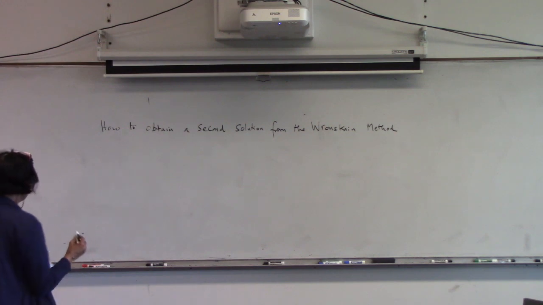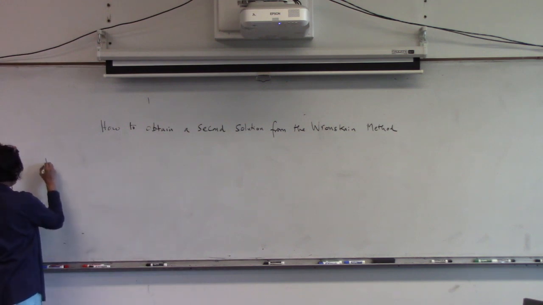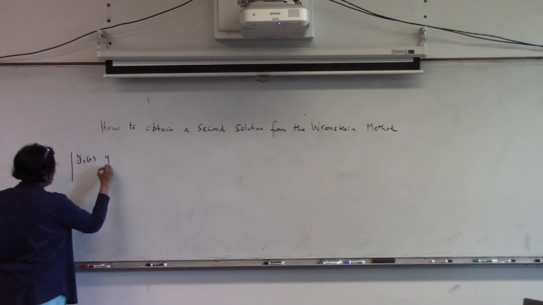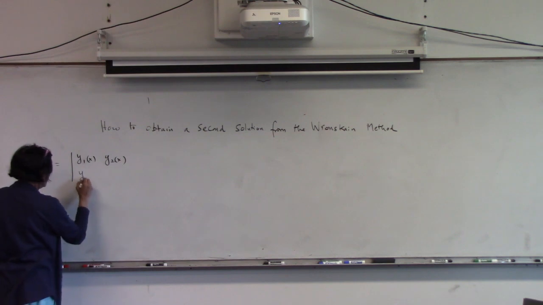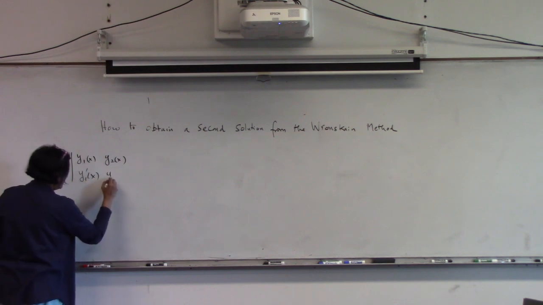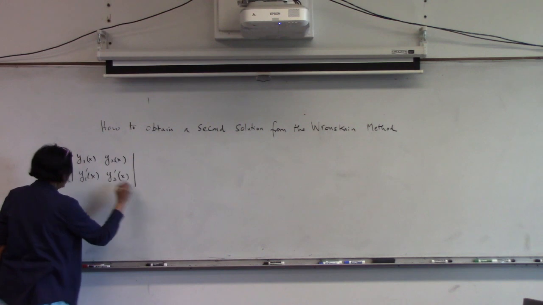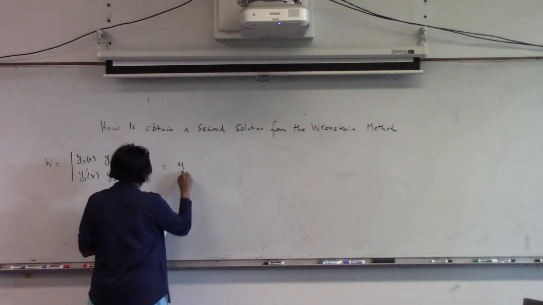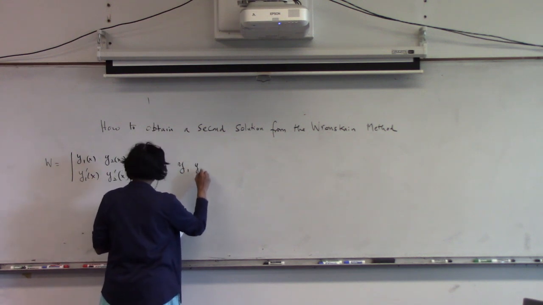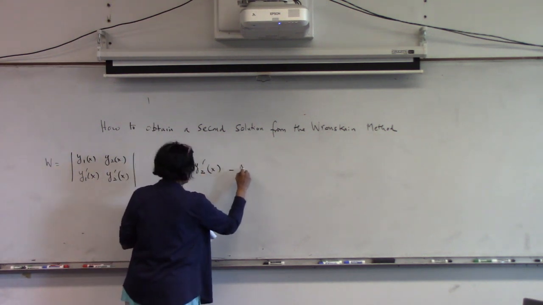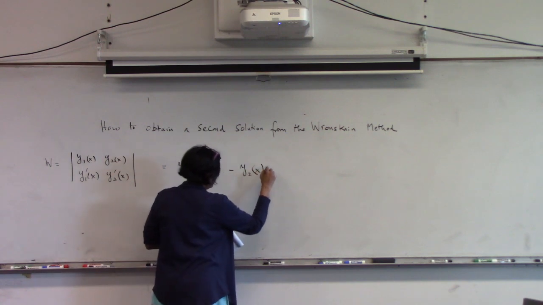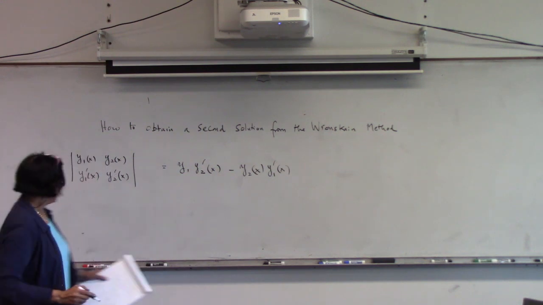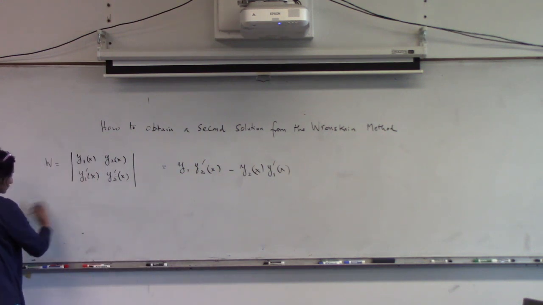So as I said, the Wronskian, now you know the definition, is nothing but the determinant of y1 x, y2 x, and so on, which is nothing but y1 y2 prime minus y2 y1 prime. Okay, so that's the definition of the Wronskian. Now, so W is that.